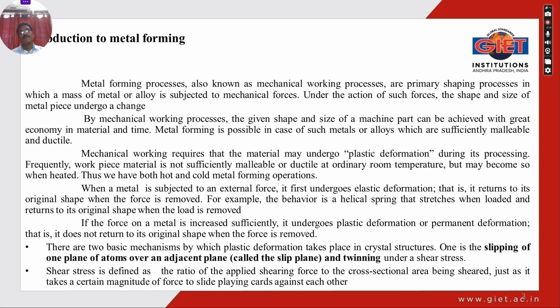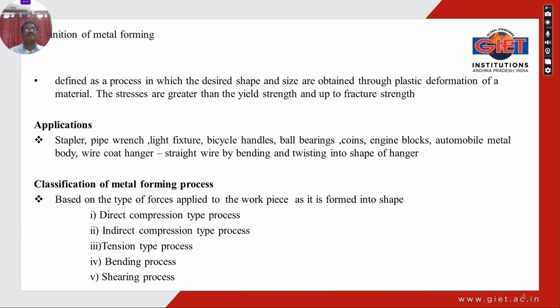The atoms may slip or move when the load is applied, from one place to an adjacent place, either along the slip plane, or there may be twinning of the atoms due to the application of shear force. That is called shear stress.